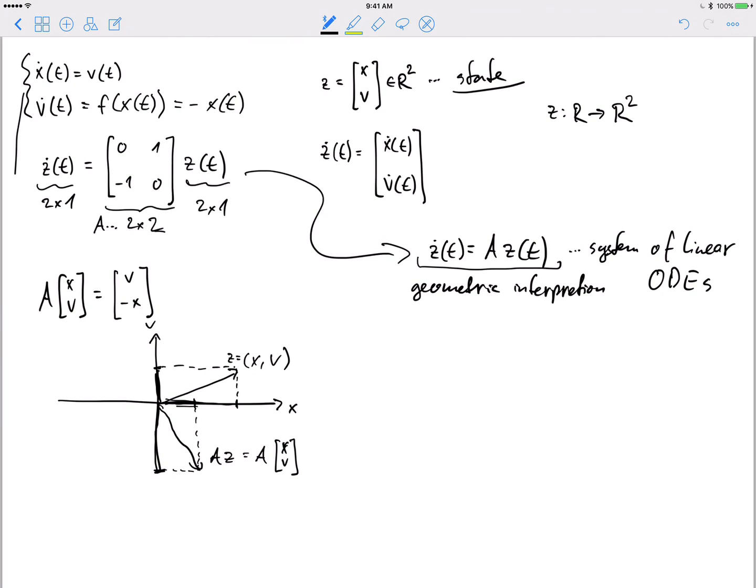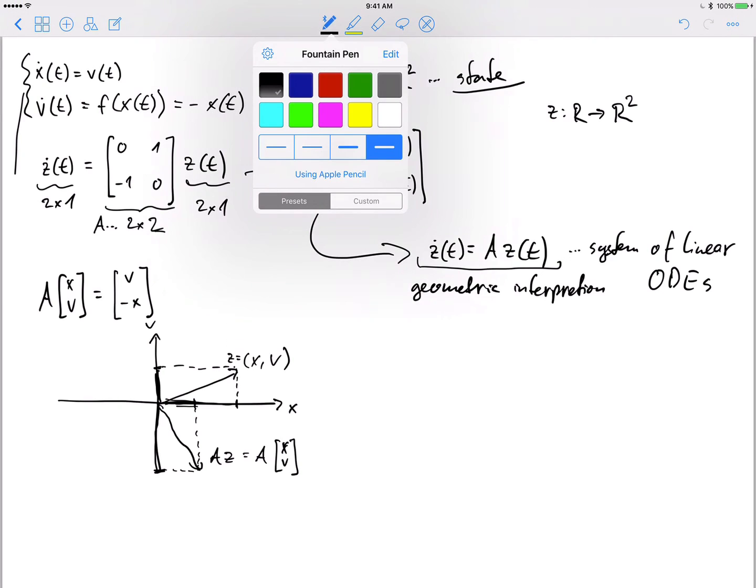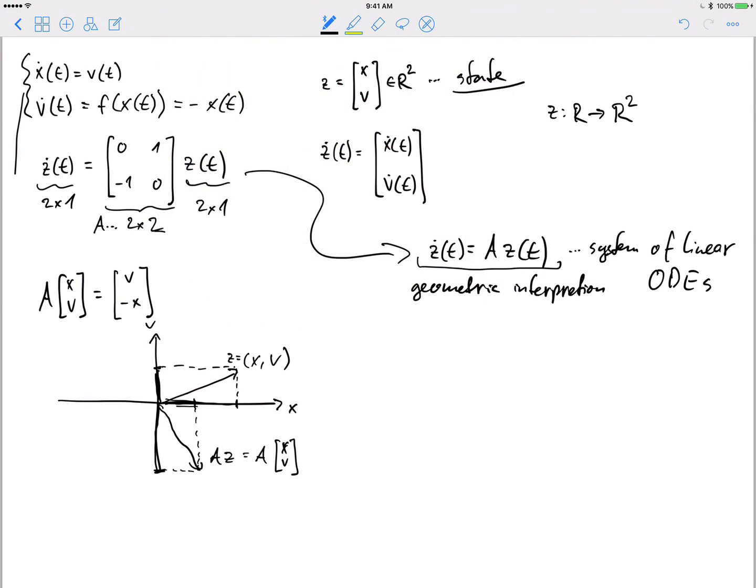So what is the name for this geometric transformation? Rotation, exactly. And this is no surprise. If you remember from some basic graphics class, rotation in 2D, so now we are talking about 2D vectors, we all of a sudden came from 1D to 2D because we are converting the 2D ODE to two 1D ODEs.